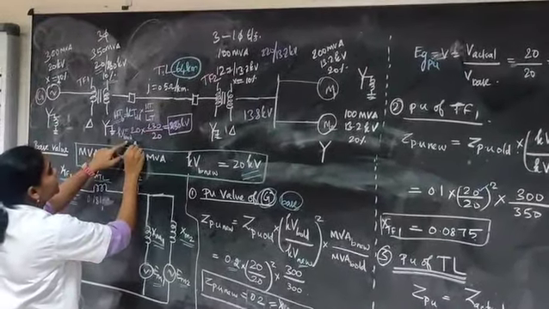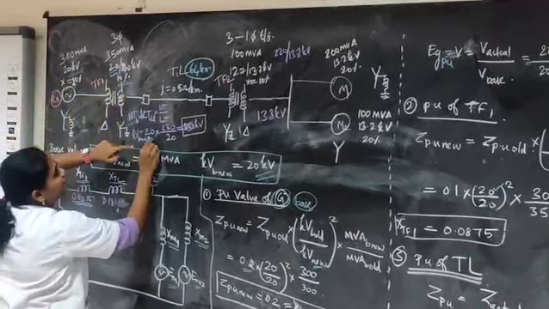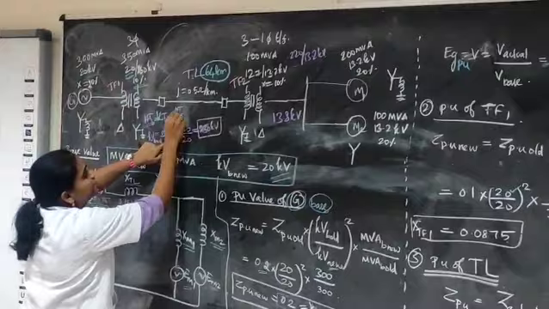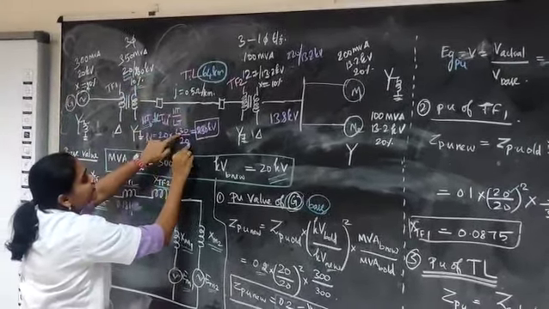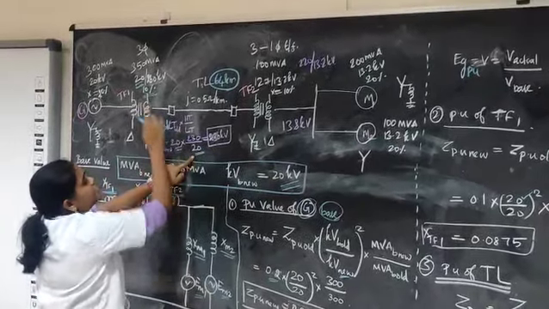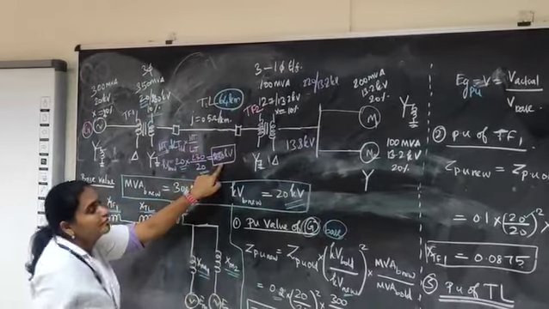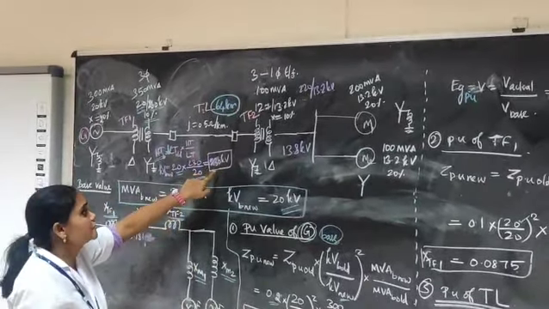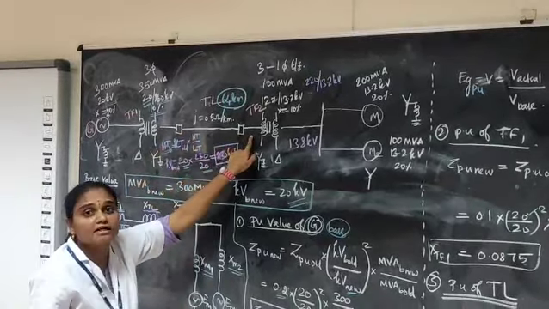The base kV on LT side is 20, and the HT rating of the transformer is 230 divided by the LT rating, which is 20. If you substitute here, I will get the value of 230 kV. So this is the base kV on this transmission line.